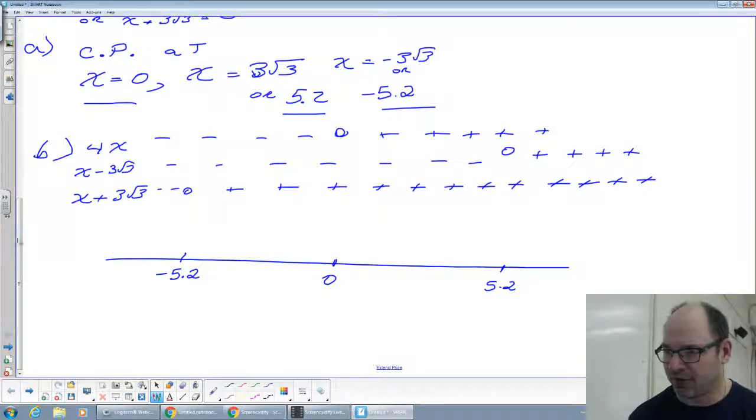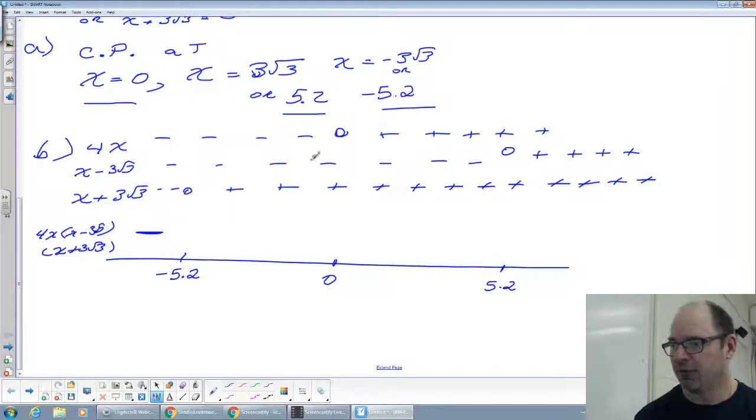So all of them together, we'll just go 4x times x minus 3 root 3 times x plus 3 root 3. In the first section, we've got negative times a negative times a negative. That gives us a negative. The second section, we've got a negative times a negative times a positive.